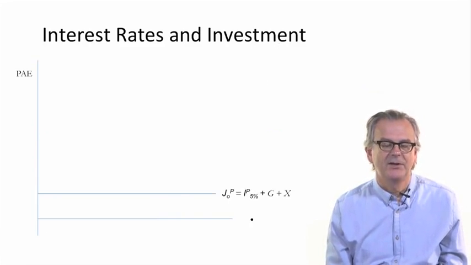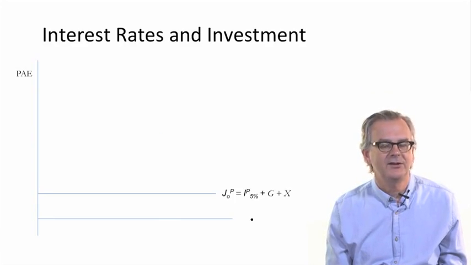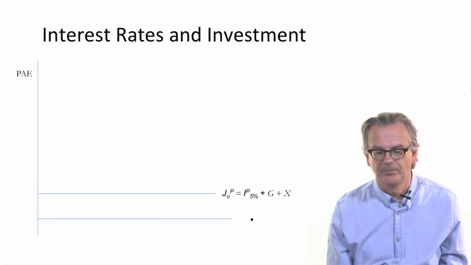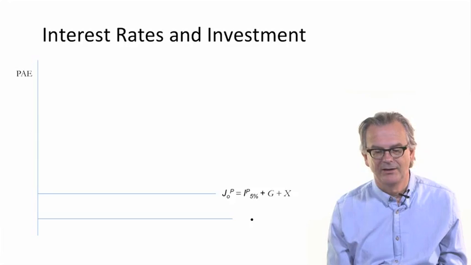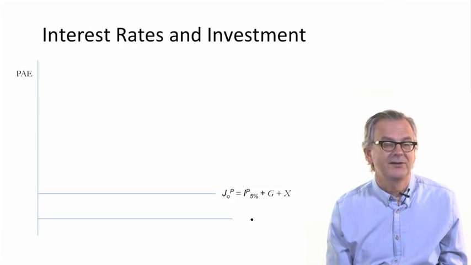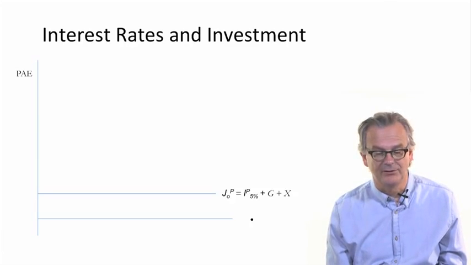What that means is we expect that planned injections in the economy, in particular the planned investment component of that, is most likely to be very sensitive to the rate of interest.